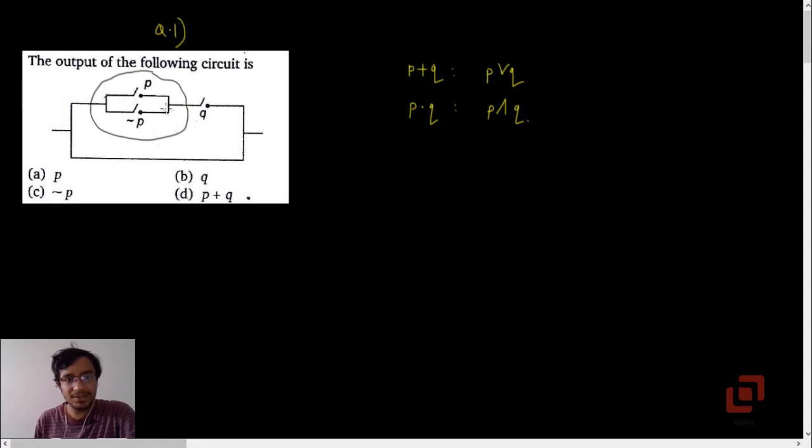If one switch is off, the other switch is always going to be on. So P or negation P is always true, we know that.